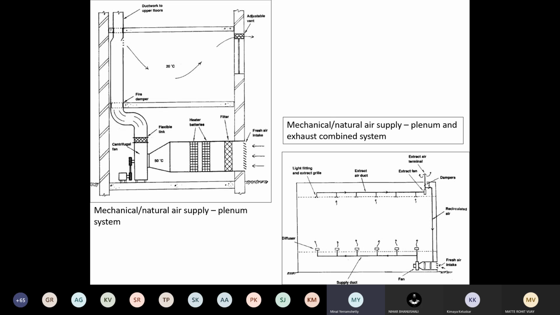When we take advanced services, like hospitals, in the fifth final year, you will have many kinds of service rooms: laundry, boiler, AC plant rooms, BMS rooms, fire pump rooms, what not.